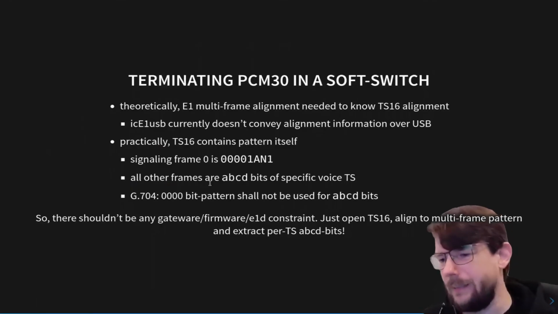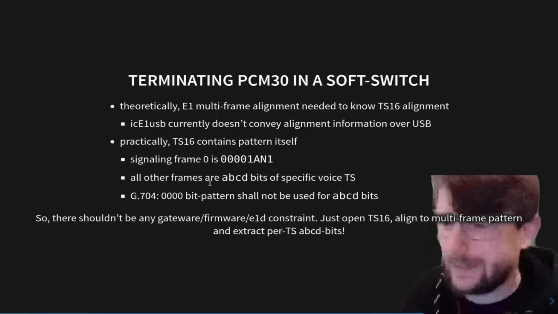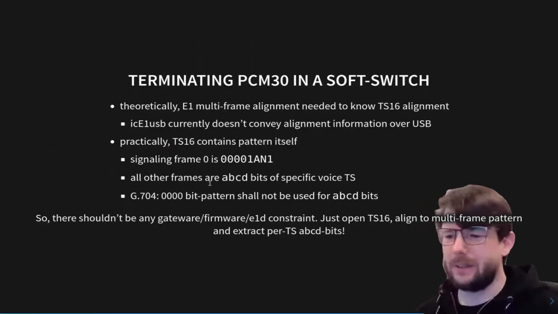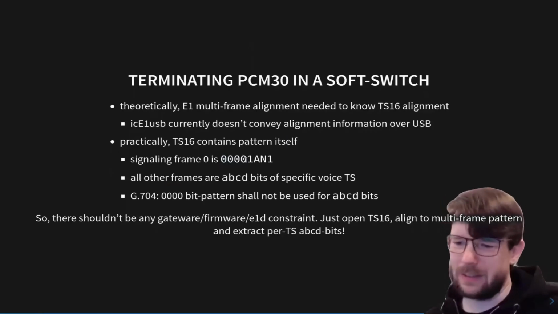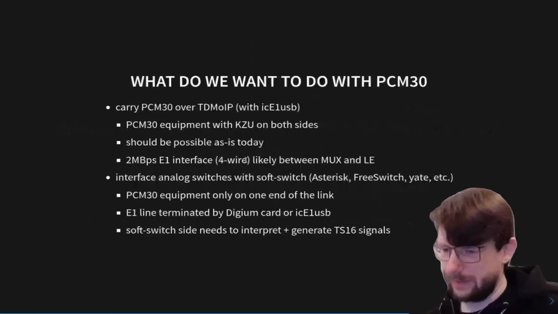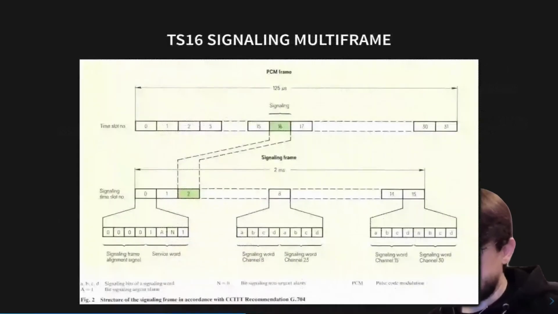So basically, one can just look at TS16 and look for that repeating sequence of 4 0 bits in the upper nibble every 16 slots, and use that to achieve alignment to this signaling frame, these 4 bits here.